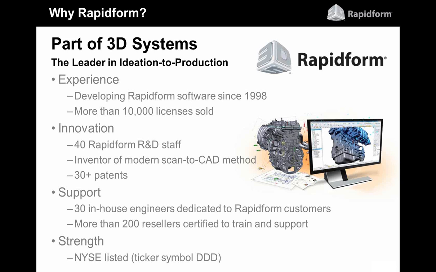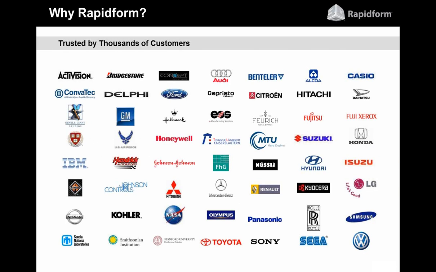Our support has 30 in-house engineers dedicated to Rapidform customers. It's a technical center, and more than 200 resellers are certified to train and support Rapidform. Our strength is as a total 3D Systems company; we are listed on the New York Stock Exchange with the ticker symbol DDD.